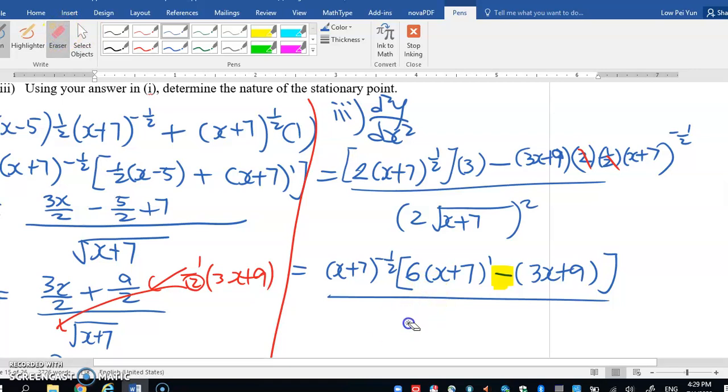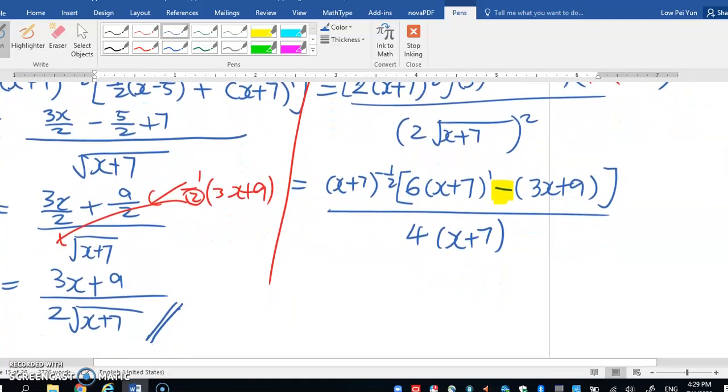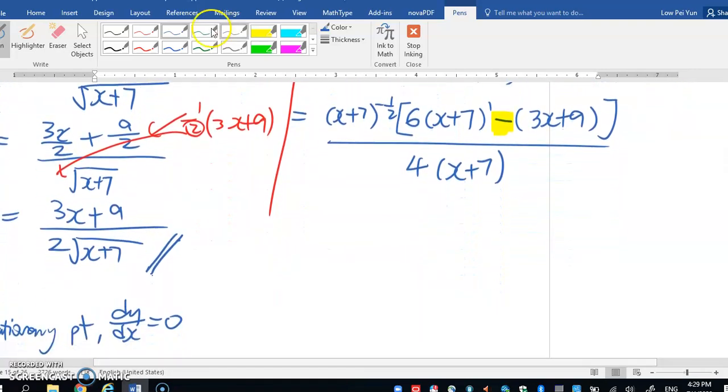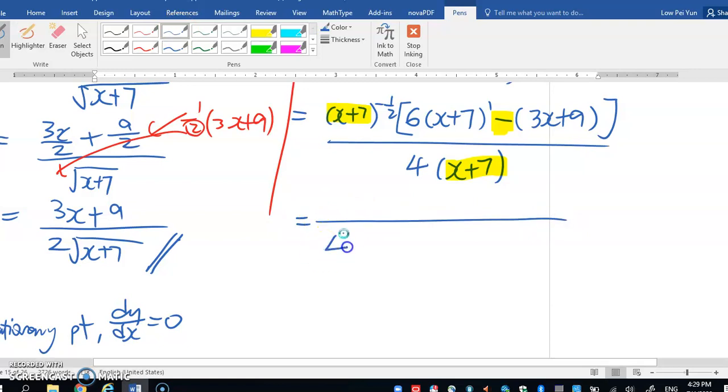I am going to get (x plus 7) to the power of half. And I notice that they are the same, x plus 7, x plus 7. So this one can be combined to the denominator. I am getting 4 times (x plus 7), power 1 plus power half is 3 over 2 at the denominator.